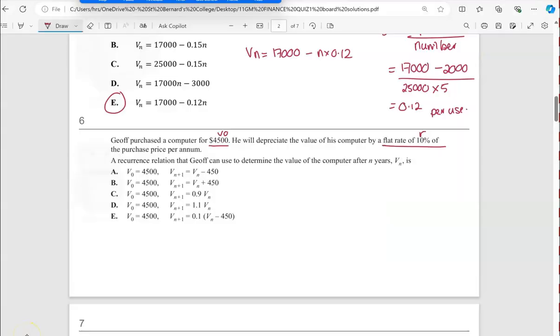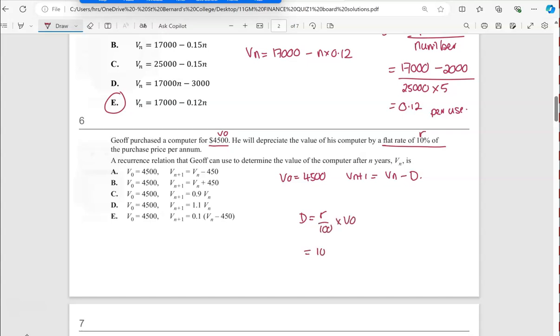Okay, so we can see we have to write VO for flat rate, which was 4,500. Then we have to write the VN plus 1, which is VN minus D. So D was the rate divided by 100 times VO.